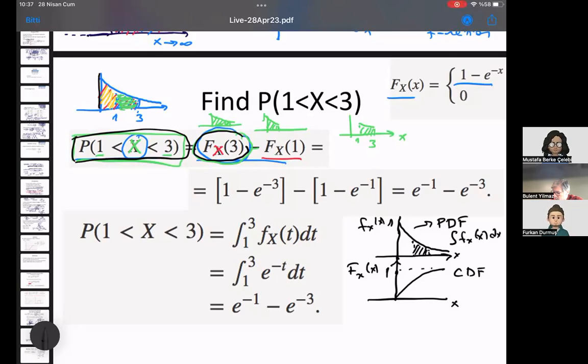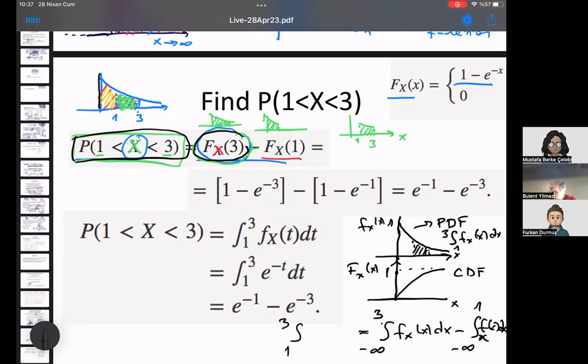How can I do it? F of X between 1 and 3. One option is this, right? And what does this mean actually? Between minus infinity to 3 minus minus infinity to 1, I will be left with between 1 and 3, right?